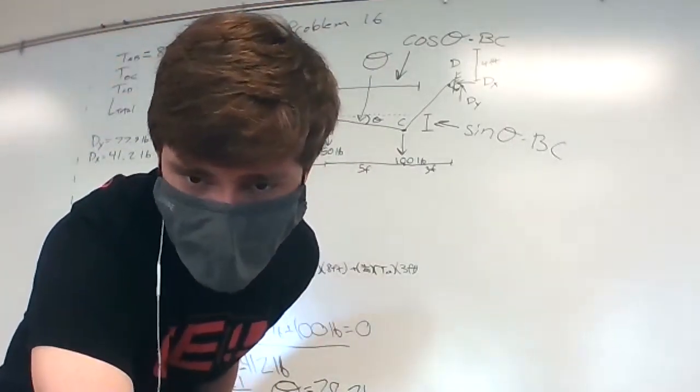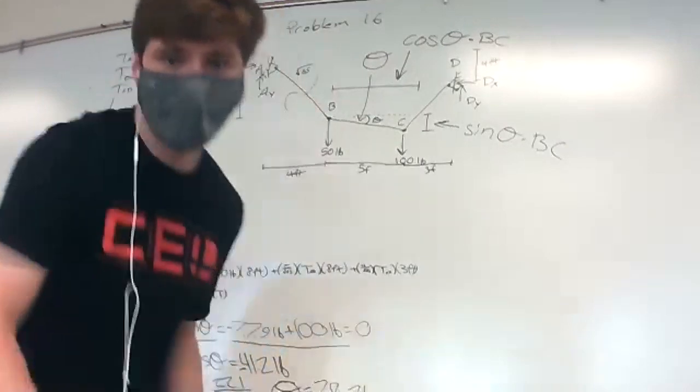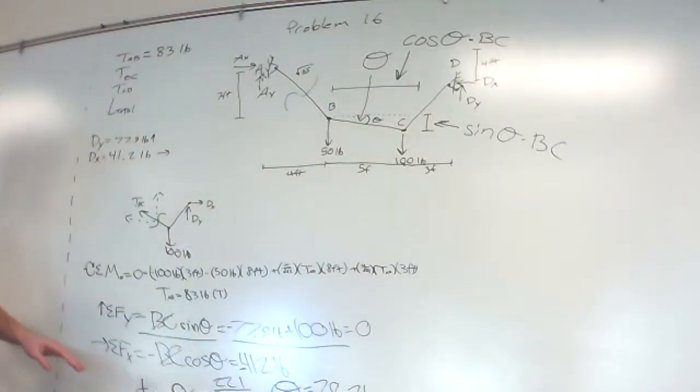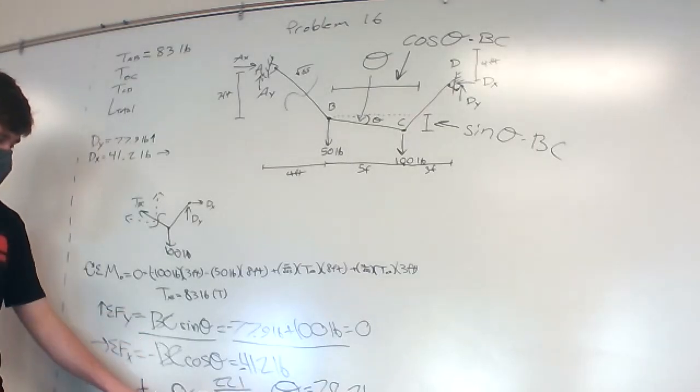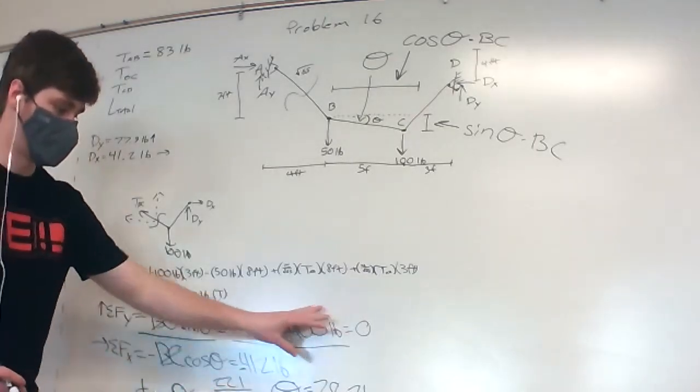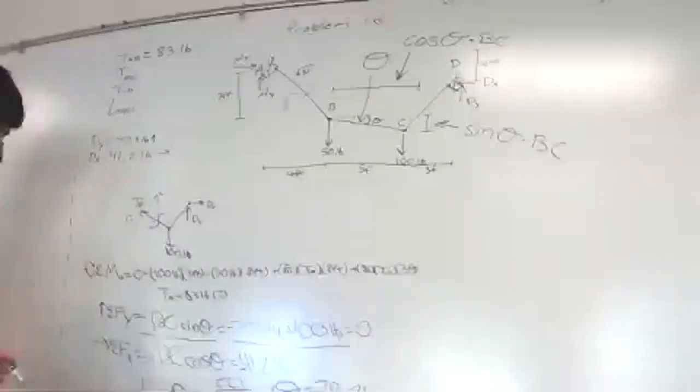Awesome. So now that we know our theta value, which we got from dividing our sum of the forces in the y by our sum of the forces in the x, that got our BCs to cross off, so we just had tangent theta equal to the constants.